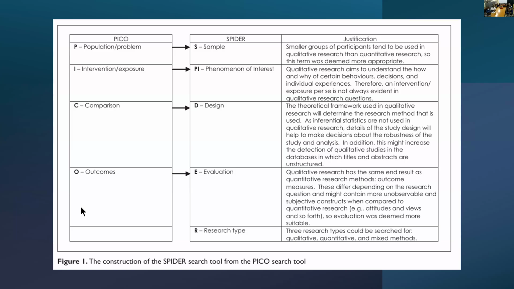They have completely removed the term comparison and replaced it with D for design, the design of the study. Outcome they have replaced with the term evaluation. That's almost the same. And the last thing is they have added R.